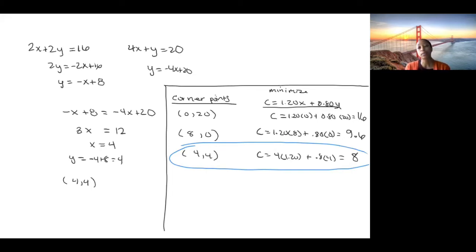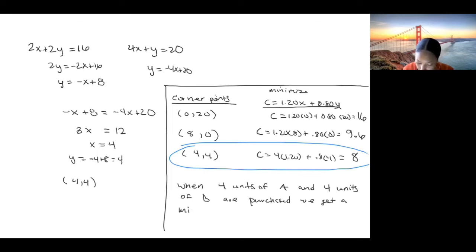Remember, x represented the number of units of food A. If you go back to the beginning of the problem, y is the number of units of food B. So we can say when 4 units of A and 4 units of B are purchased, we get a minimum cost of $8.